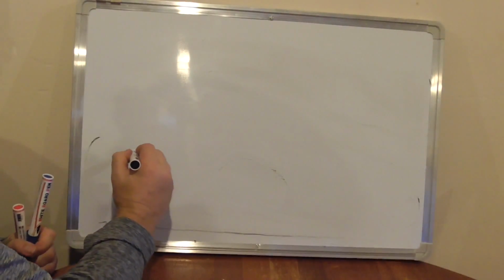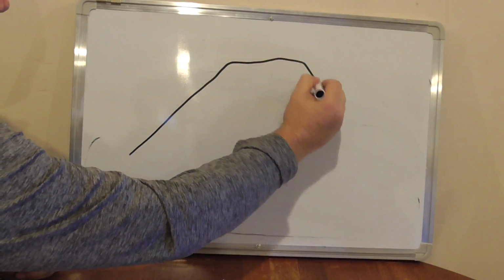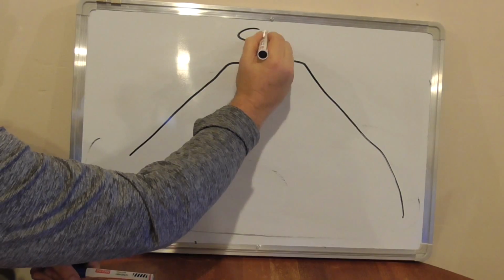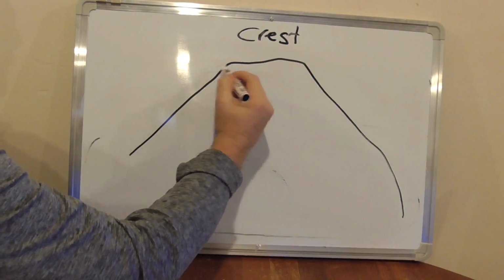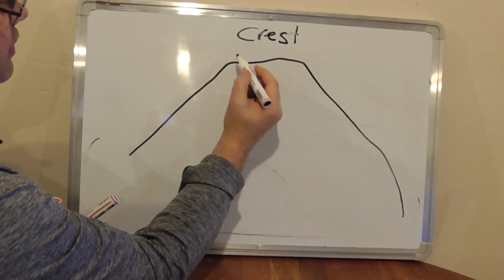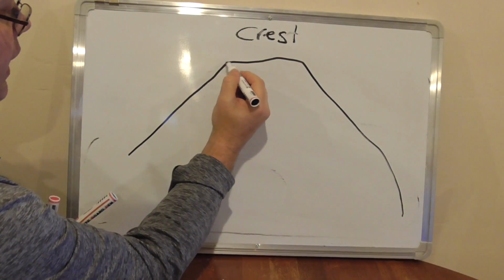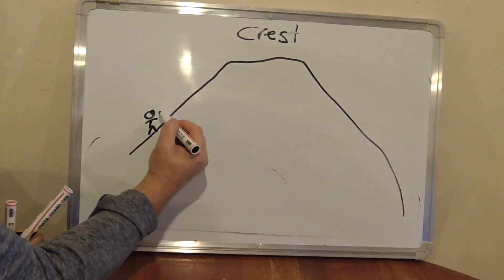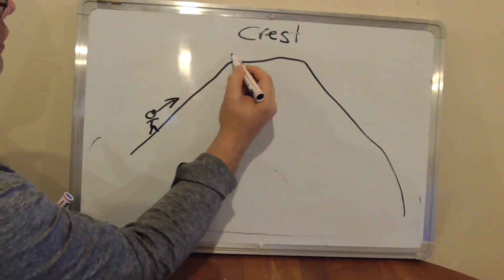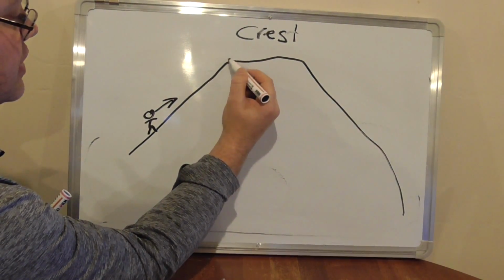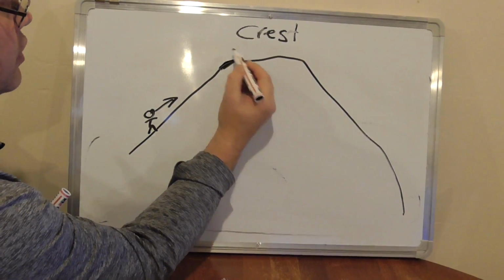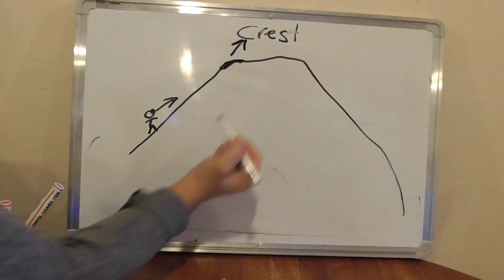Something else that we think is the top of a mountain, or the top of a hill, is what we call a crest. So the top here is called the crest, and the crest is normally at the top here. So if I was down here looking up that way, this part here, which is near the top, that corner part just there, that would be called the crest.